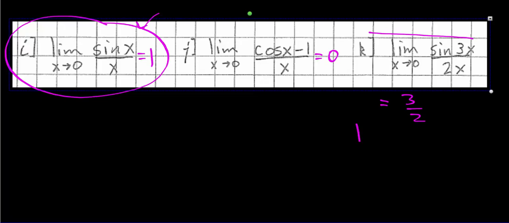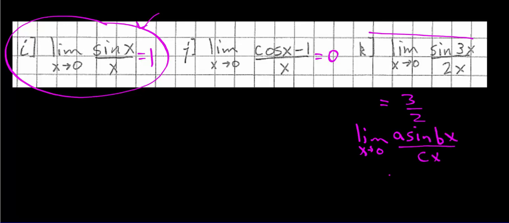And in fact, the limit as x goes to 0 of, well, let me just make it more general. And we looked at this before. A sine bx over cx. That limit is ab over c. We could just multiply through. It's like we just ignore the sine and the x and just take the product ab over c.